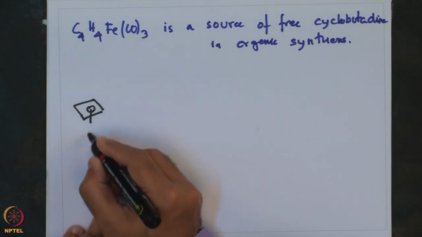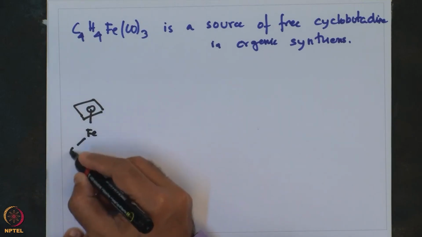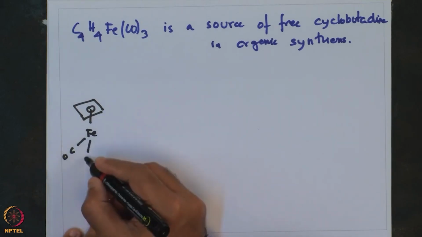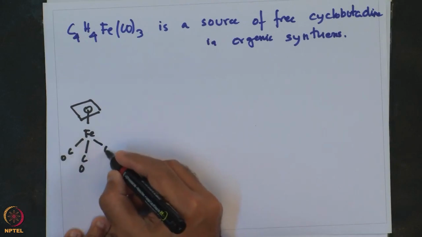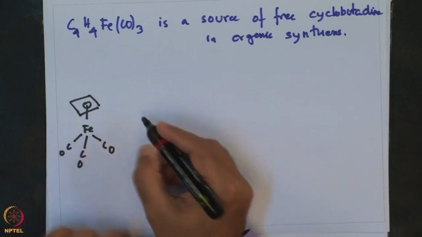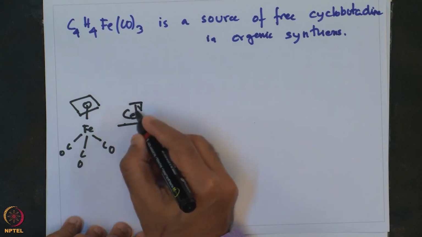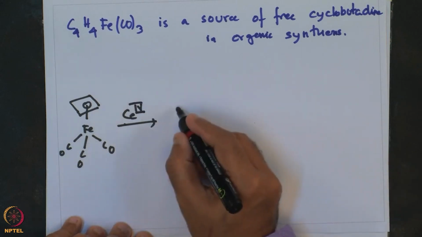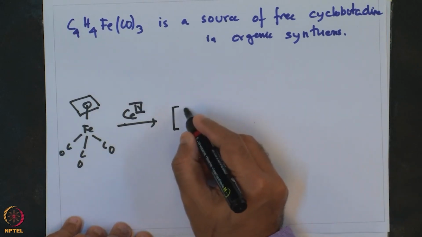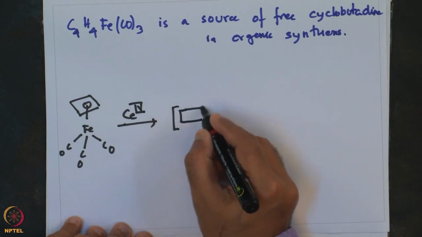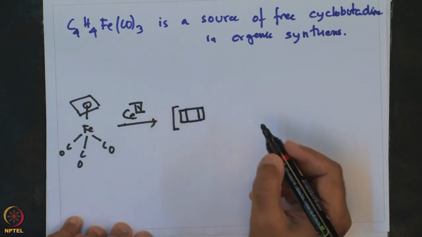For example, the compound C4H4 Fe(CO)3 in presence of an oxidant, cerium-4, produces cyclobutadiene. Okay.